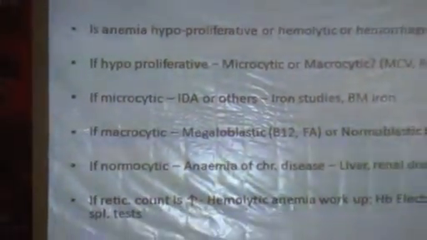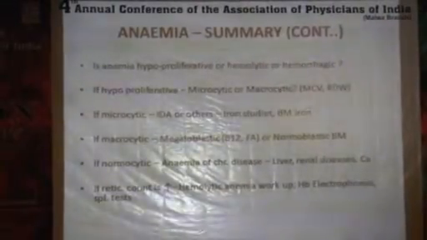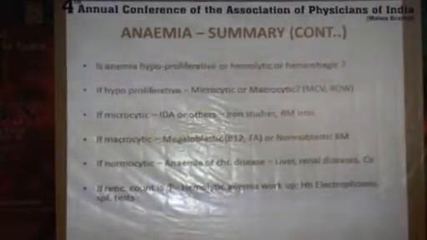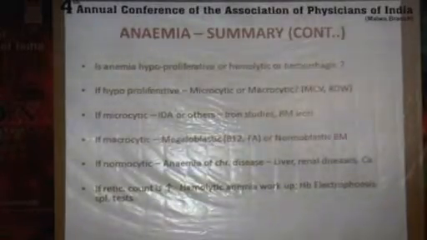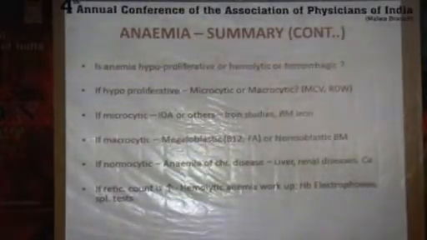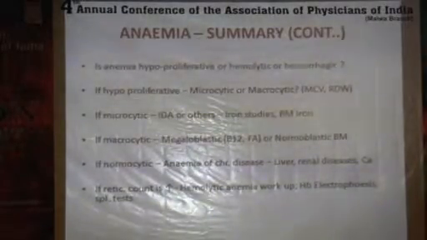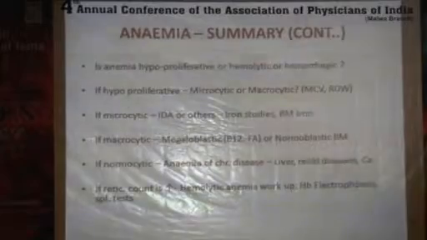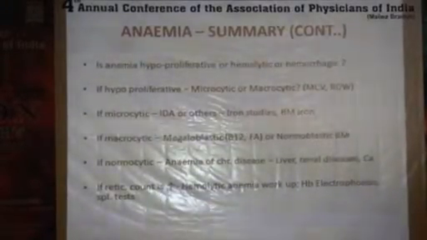And anemia can be hypoproliferative, hemolytic, or hemorrhagic. If it is hypoproliferative, it can be either microcytic or macrocytic. If it is microcytic, it could be iron deficiency anemia. If it is macrocytic, most likely it is megaloblastic, B12 or folate. If it is normocytic, we should first think of anemia of chronic disease.